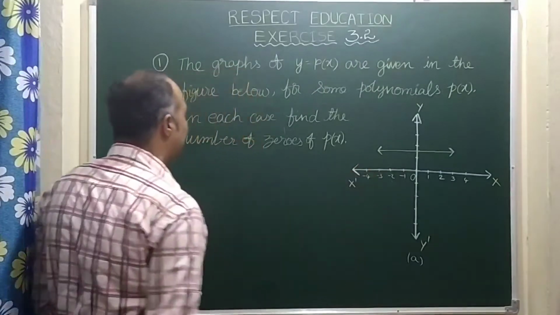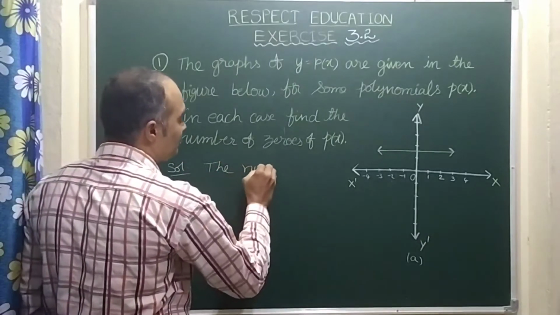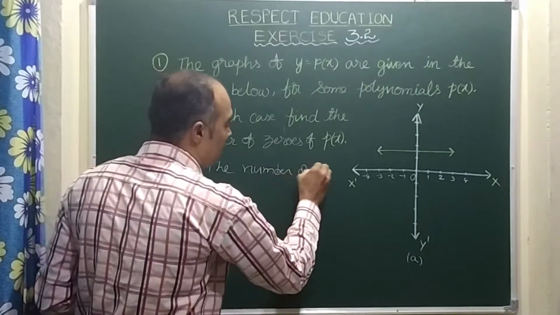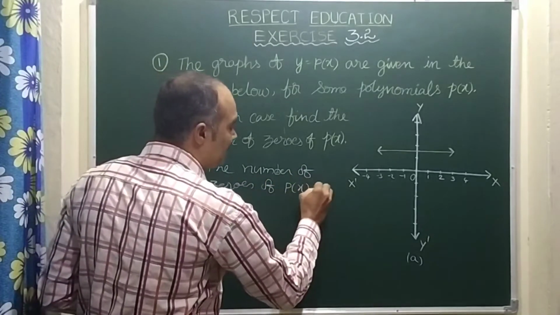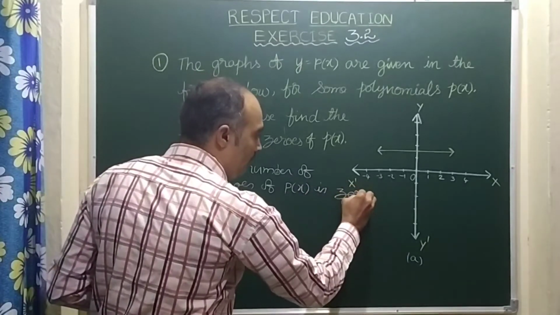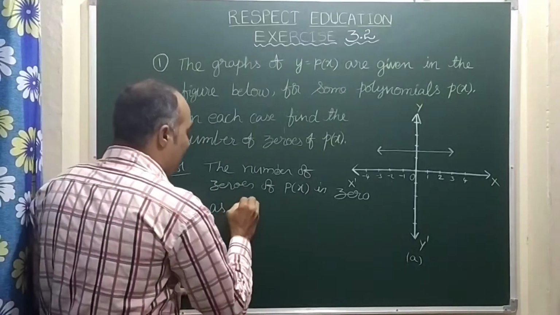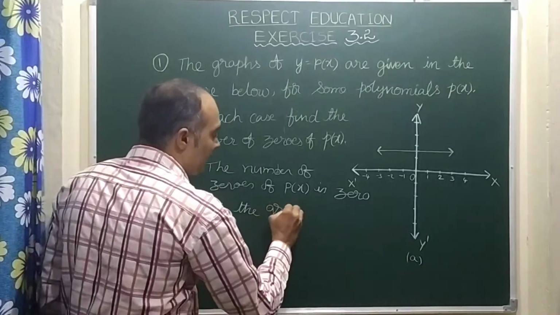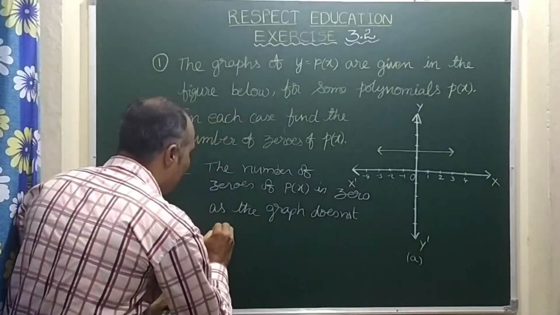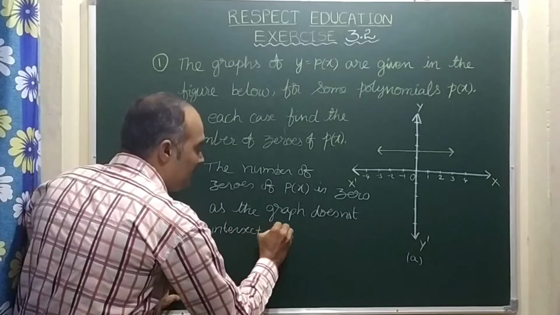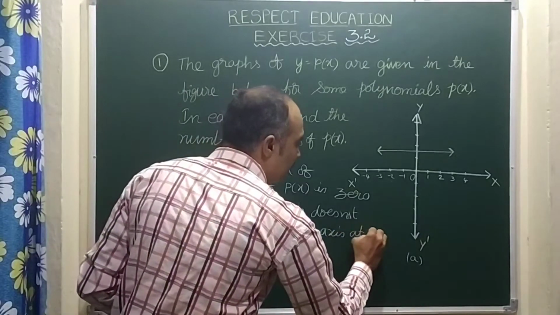So here you can write that the number of zeros of p of x is 0, as the graph does not intersect the x-axis at all.